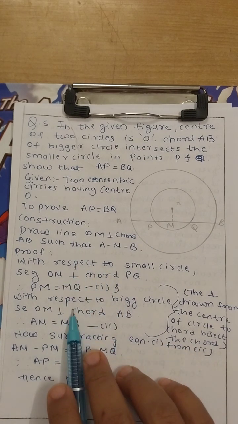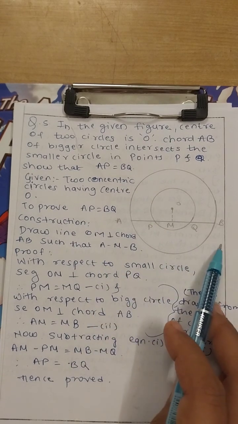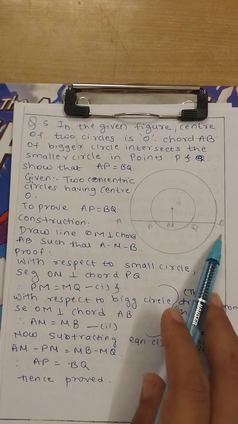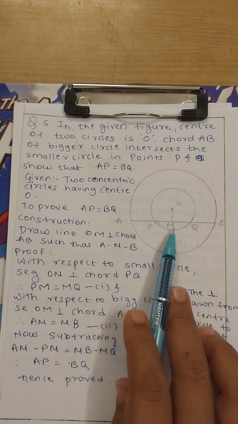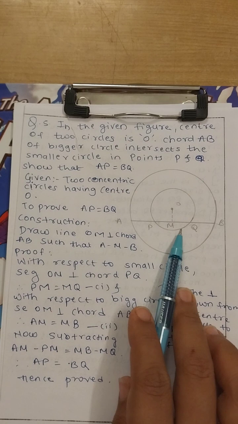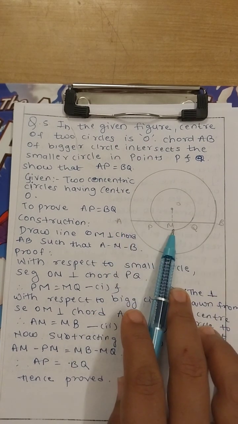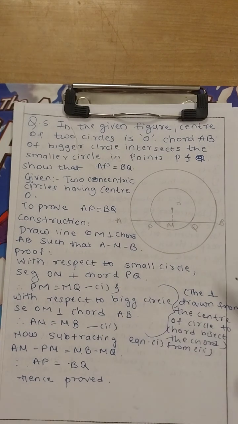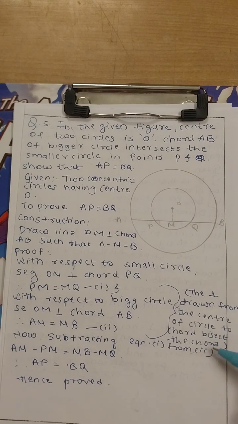Now with respect to the bigger circle, OM is perpendicular to AB such that A-M-B, and therefore AM is equal to BM. This is equation number 2. The reason is the perpendicular drawn from the center of a circle to the chord bisects the chord.